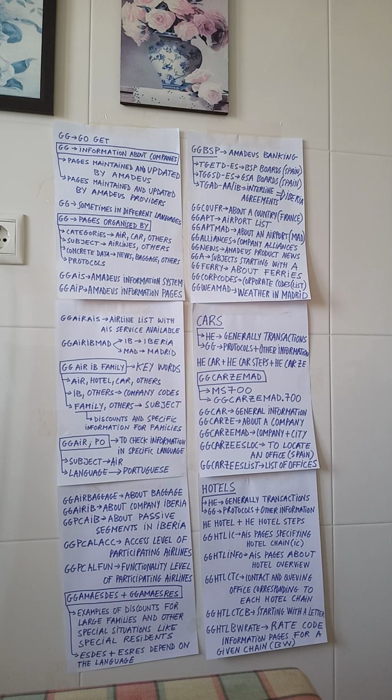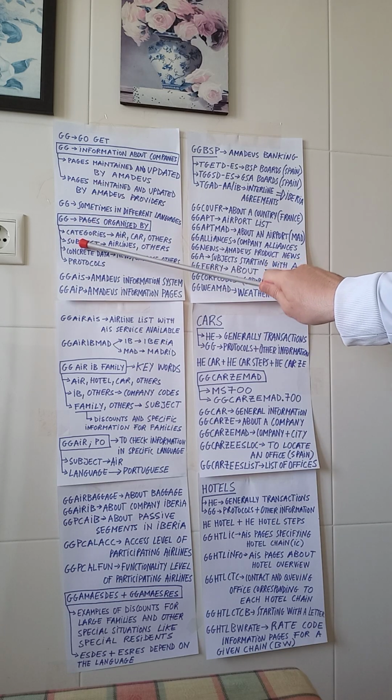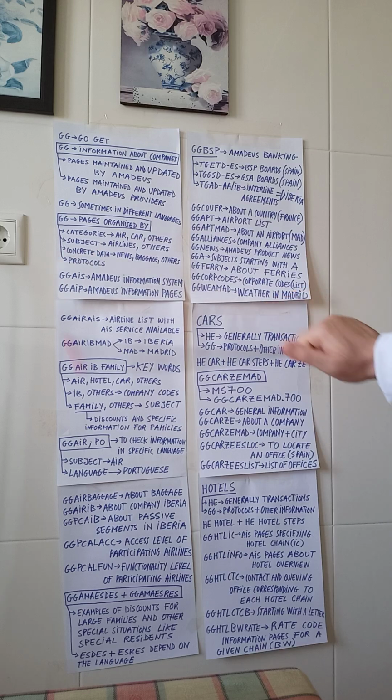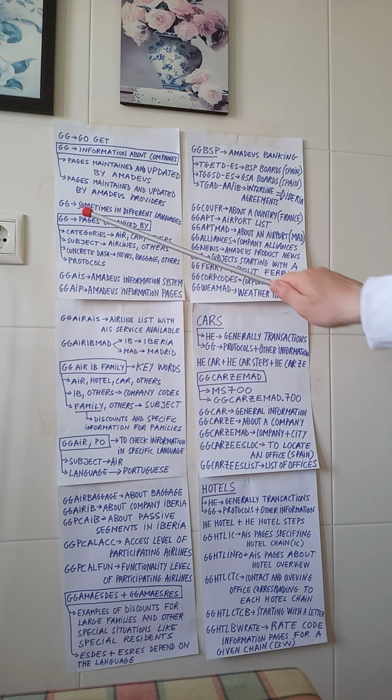GG pages are organized by categories, by subject, by concrete data, by protocols. Categories depend on the type of product, that is, air, cars, or other categories.